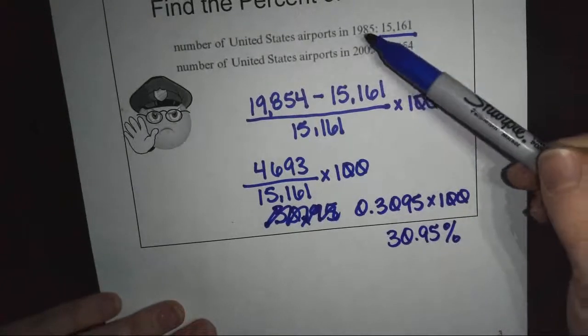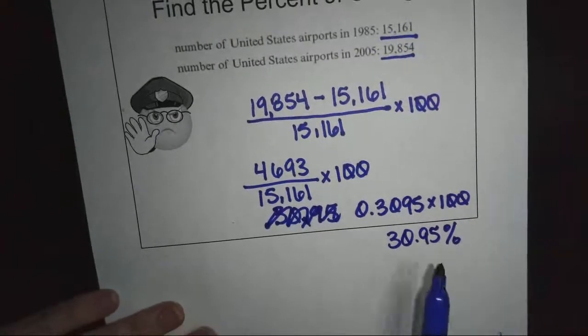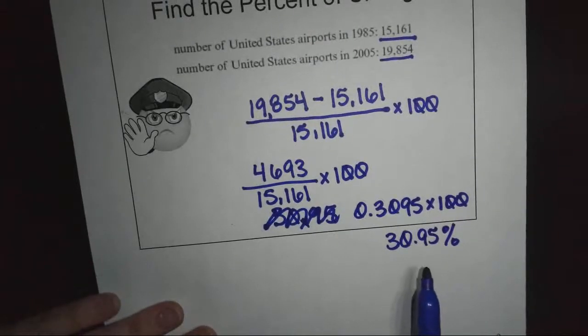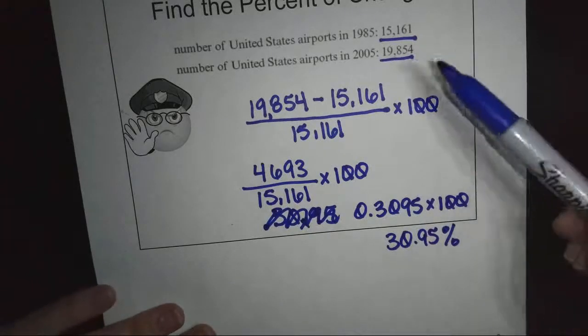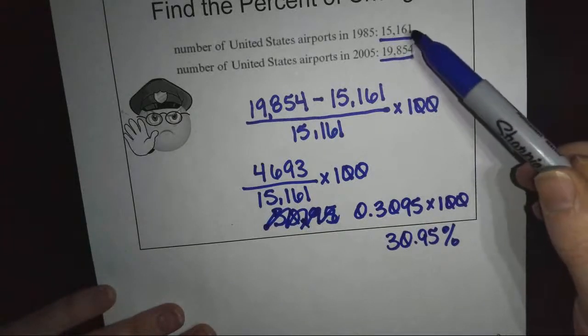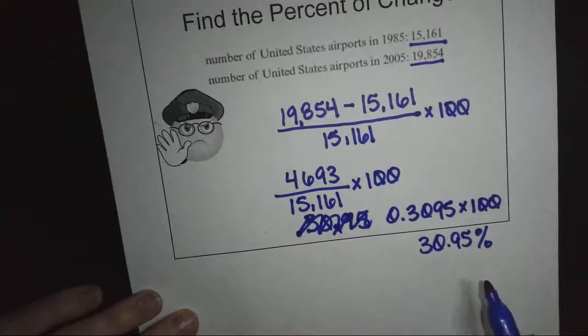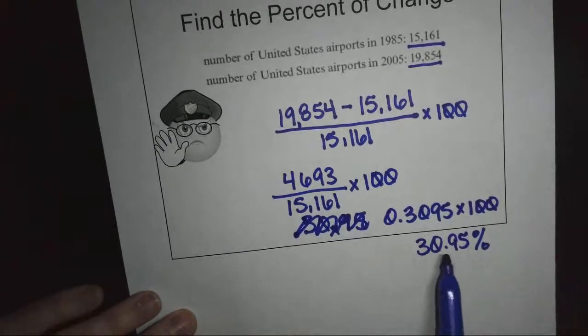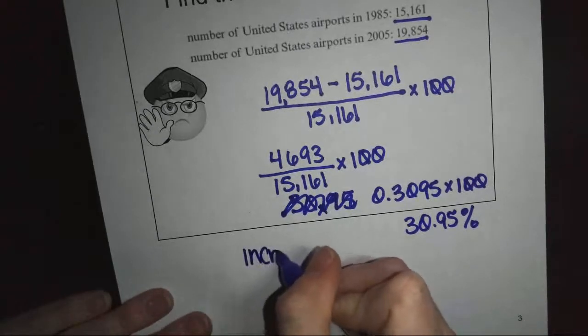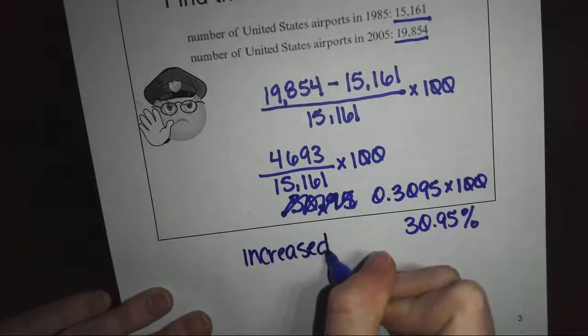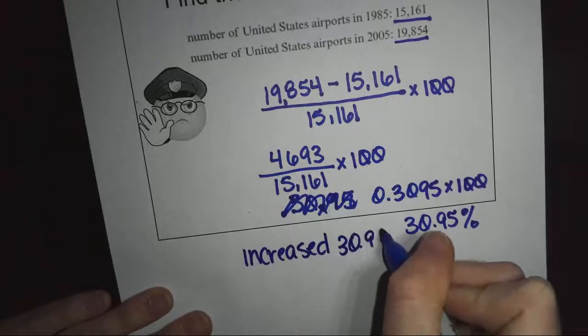So between 1985 and 2005, the number of airports in the United States increased by 30.95%. And I know that this is a percent increase because my final number is bigger than my original. So it increased, it was a positive 30.95% change, or you could say increased 30.95%.